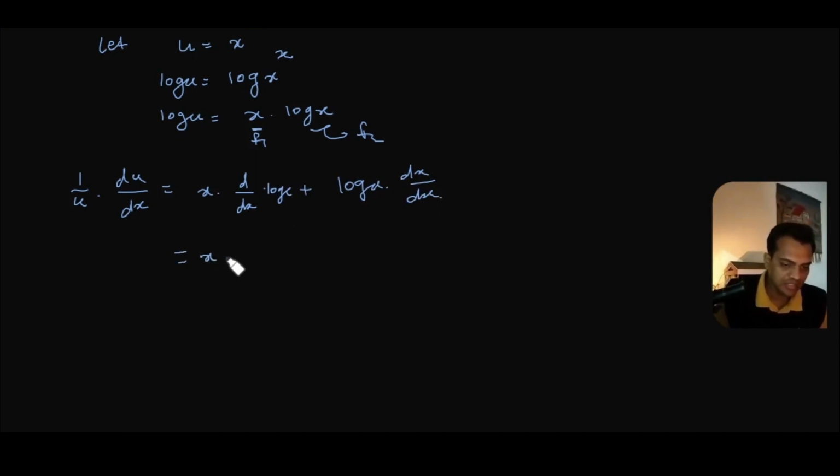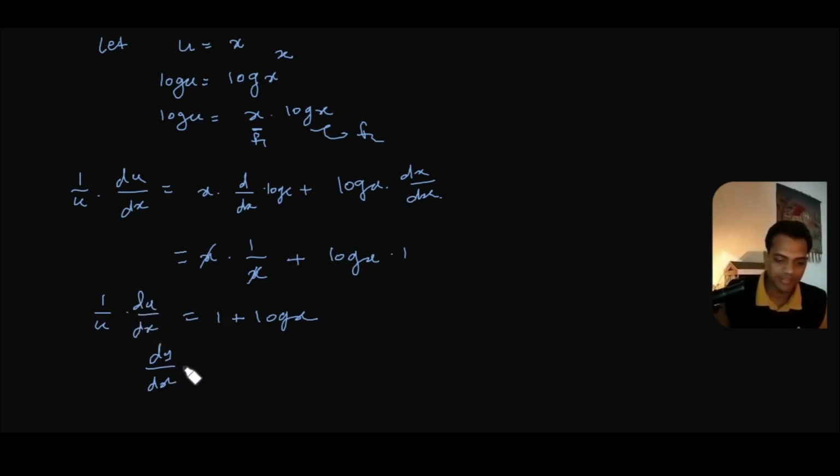So it is x into the derivative of log of x with respect to x, which is 1 upon x, plus log of x, and the derivative of x with respect to x is 1. So this x and x will get cancelled, and it will become 1 plus log of x. So finally we will get du by dx. We have 1 upon u into du by dx, and I want only du by dx, which is equal to u into 1 plus log of x.